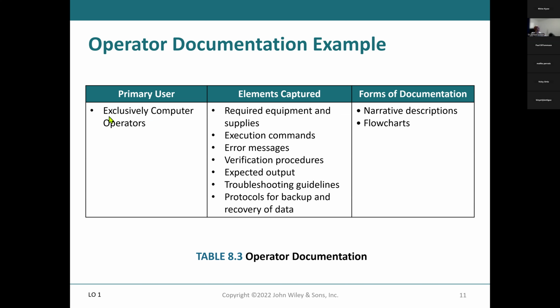It's for the use of the computer operator. What are the required equipment and supplies, execution commands, error messages, what they mean. Really, the best way to think of this portion nowadays is somebody who would be supporting the user, tech support.